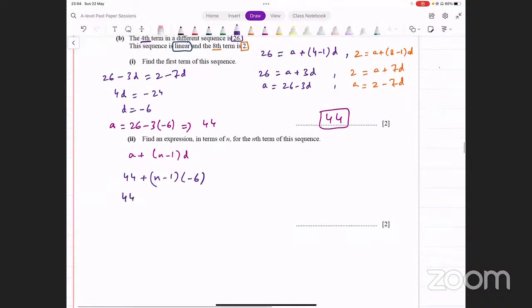What do we get? We get 44 minus 6n plus 6, and that is 38 minus 6n, and that's your nth term formula for this.